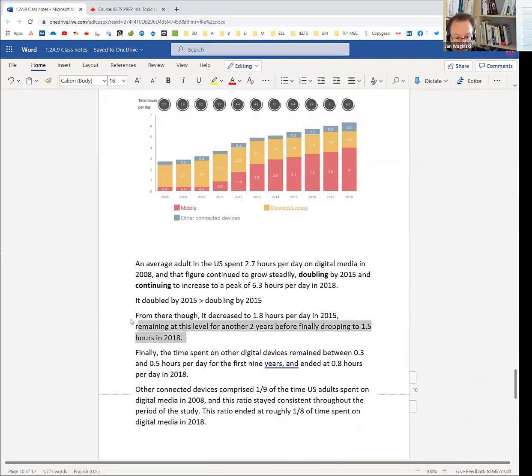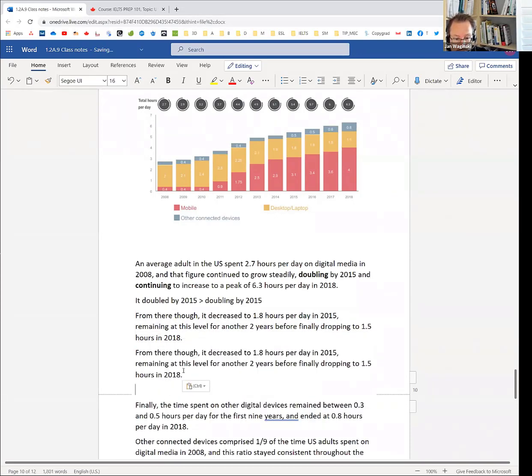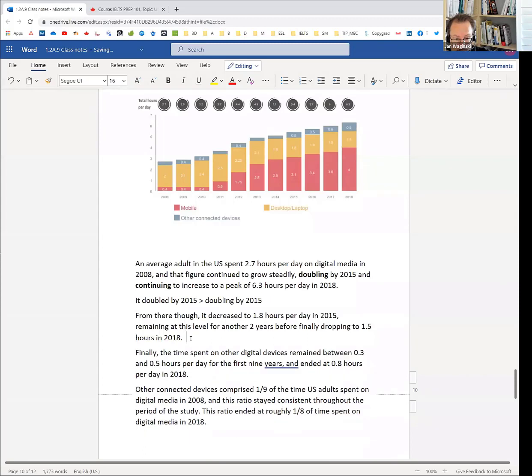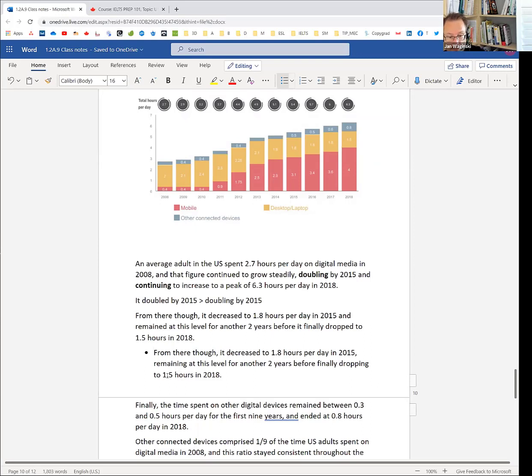Good. So good, that's what you did. From there, though, it decreased to 1.8 hours per day in 2015, remaining at this level for another 2 years before finally dropping to 1.5 hours in 2018. So this is a very nice participial phrase followed by another participial phrase.